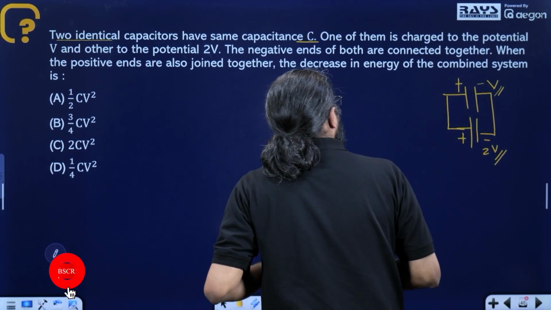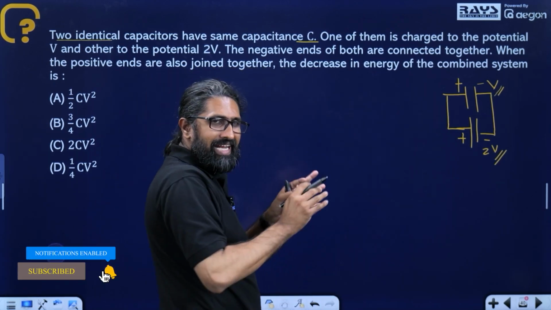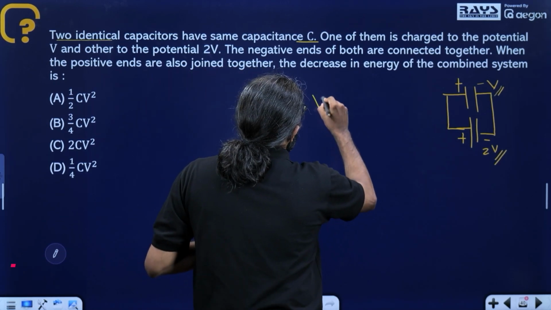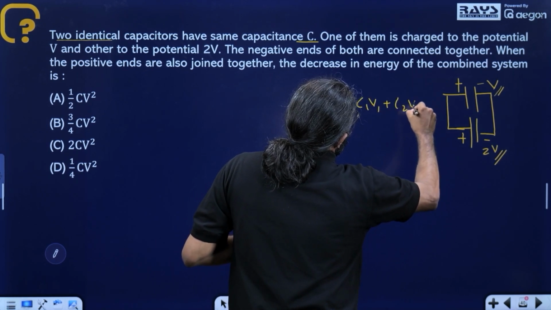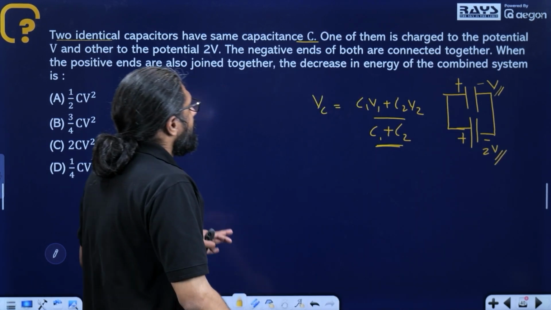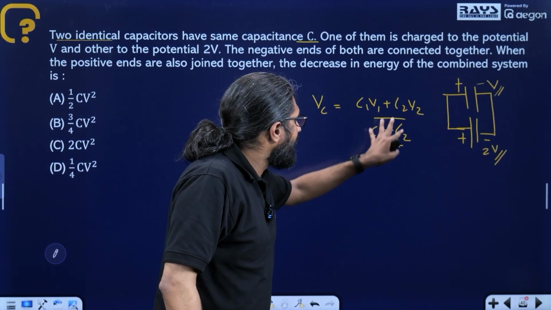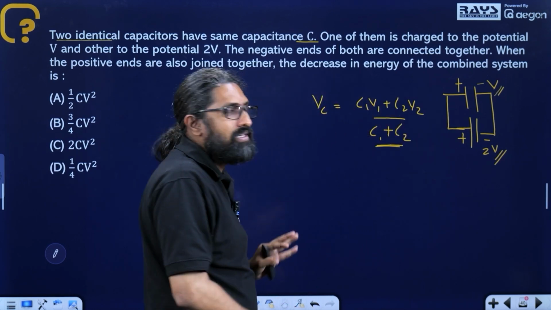Alright? Now, in this case, we don't need the common potential equation, but I'll just write it down. Common potential V common will be equal to C1 V1 plus C2 V2 divided by C1 plus C2. Now, this is based on total charge by effective capacitance, Q effective by C effective is the common potential.